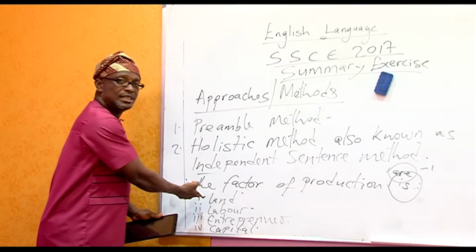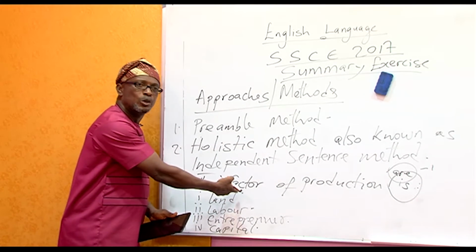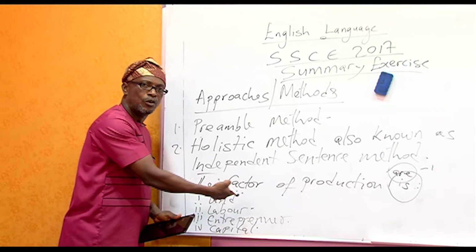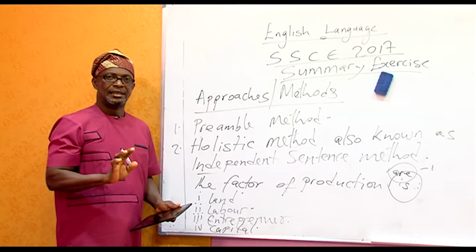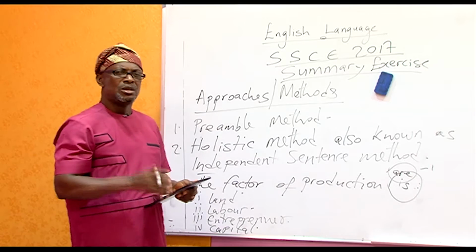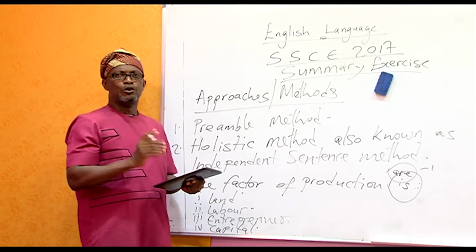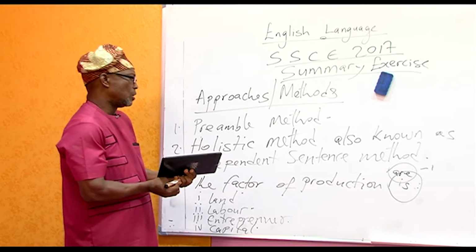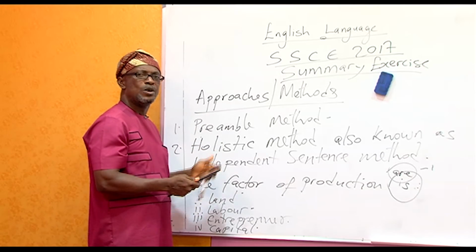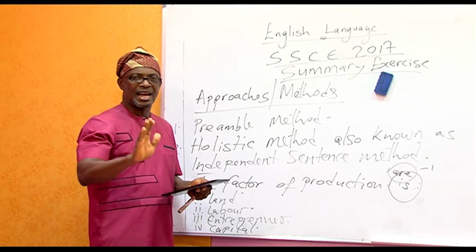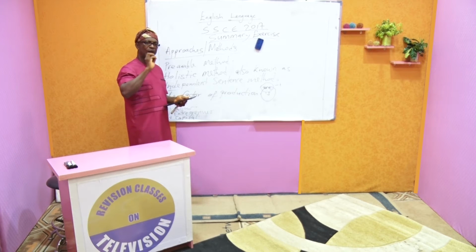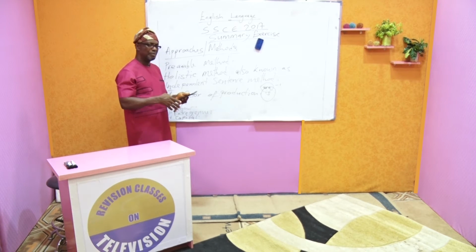And if you had gotten 5, definitely it's not going to be 5 again, but it is going to be 4, and so on and so forth. That is the technicality that is involved in using the preamble method. And students have been advised, if you cannot structure out the other side of the sentence that will align with your preamble, it is better you remain with the holistic or independent sentence method.